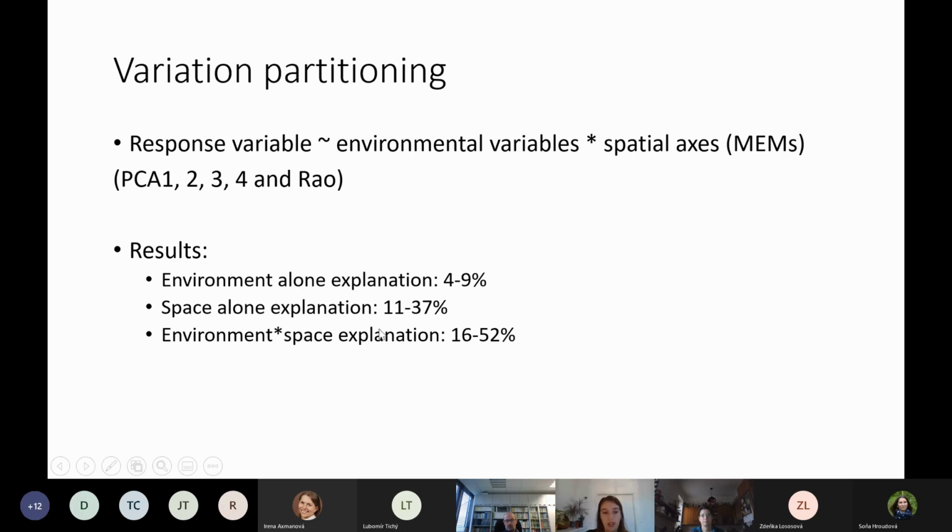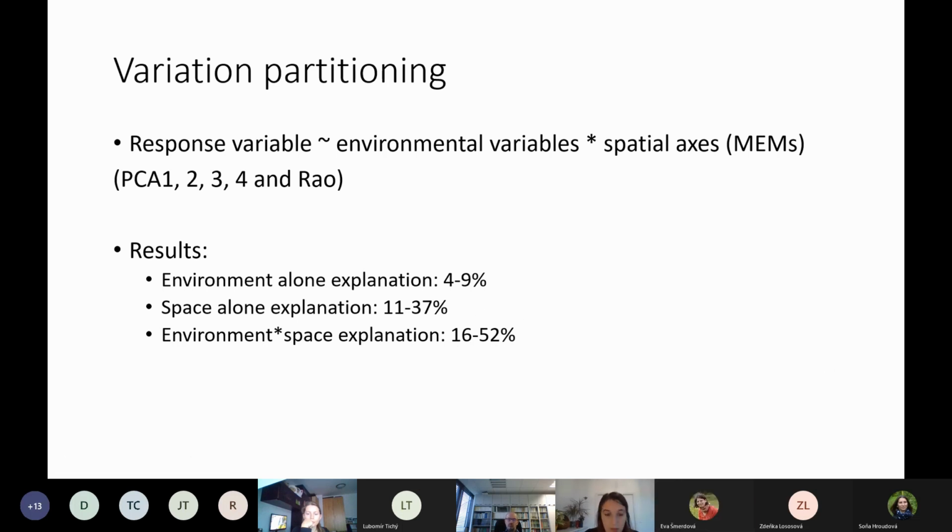As a result, we had the environment alone explaining only 4 to 9%, the space alone representing more, like 11 to 37%, and the environment within the space, or the covariation between them, represented a big part of the explanation, 16 to 52%.